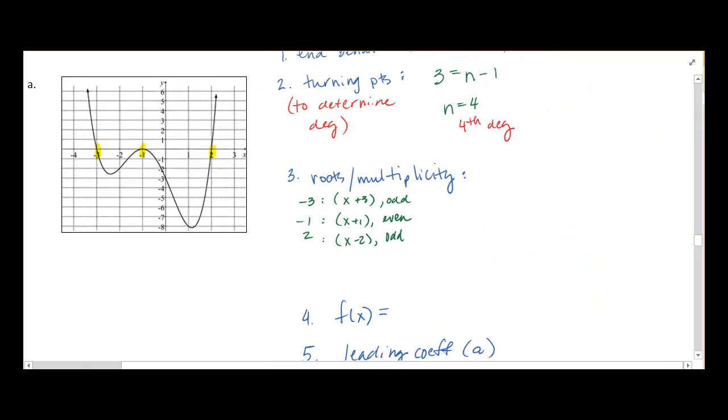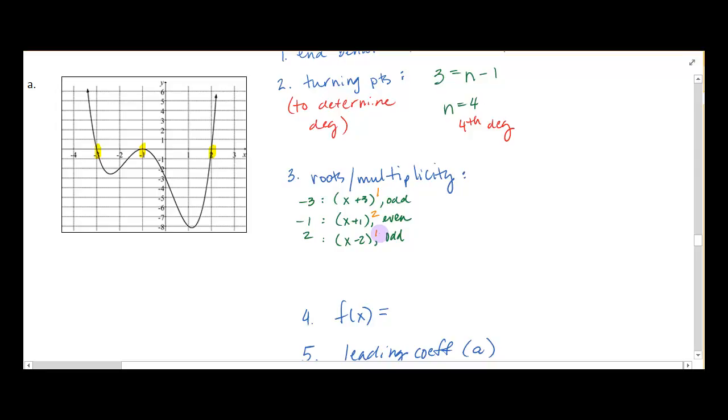So let's go back to a smaller screen. Now, if I know that the total degree of my function has to be a 4th degree polynomial, how do I write that given the multiplicity of my function? Let's try a 1 for the odd, a 2 for the even, and a 1 for the odd.